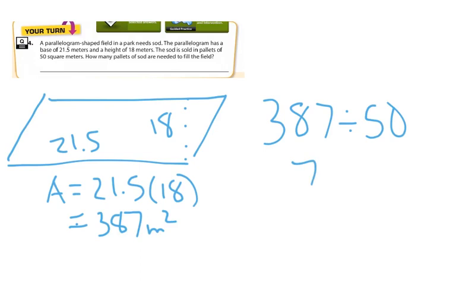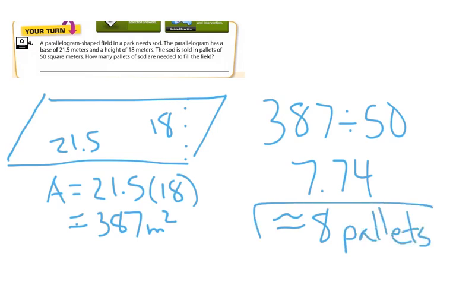And so specifically, we get 7.74. And so again, you can't go to Home Depot and say, I want 7 3/4 of one. Or if you're buying these in bulk, you have to buy a whole pallet, not a portion of it. So that means it's going to be 8 pallets. Cool. So hopefully you're starting to see how this all comes together.